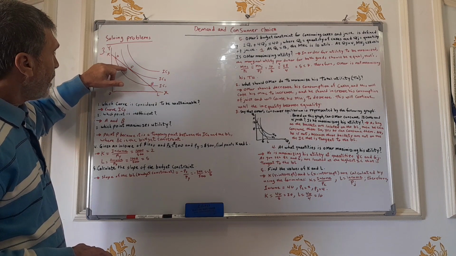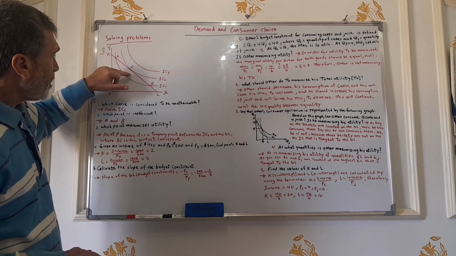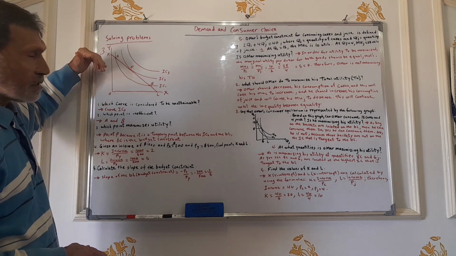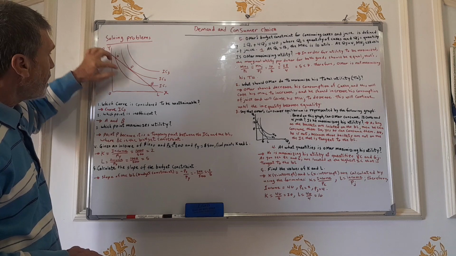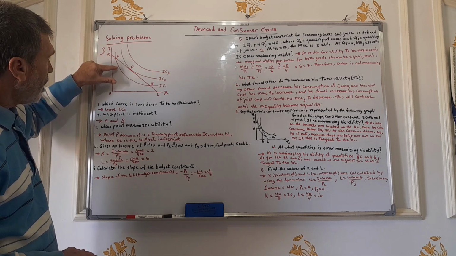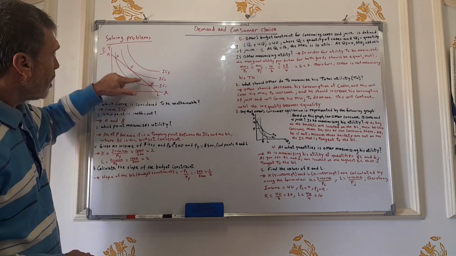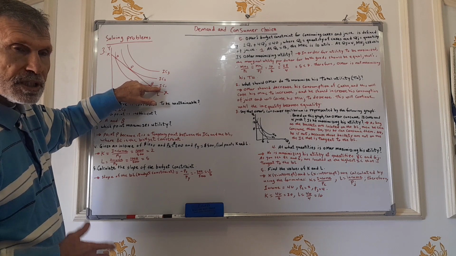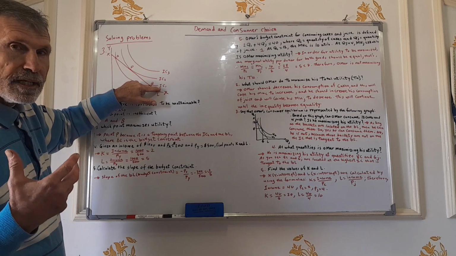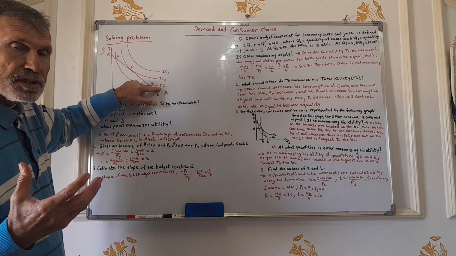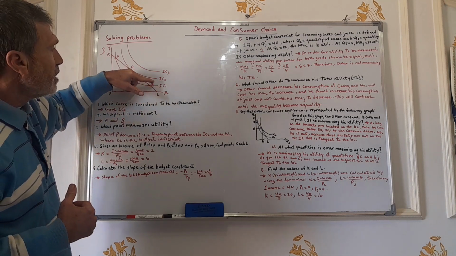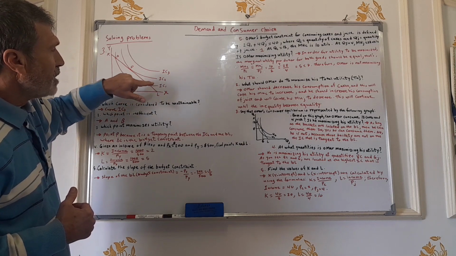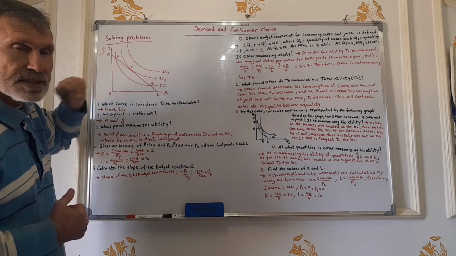They are at a lower total utility, because A and B are located on a lower indifference curve. They are located on IC1. And IC1, of course, constitutes a level of utility that is lower than the level of utility located in IC2.